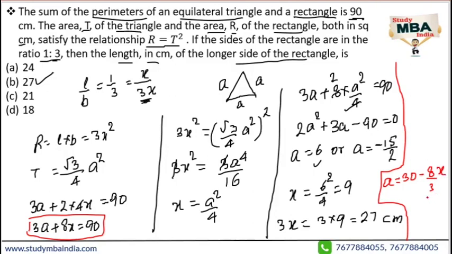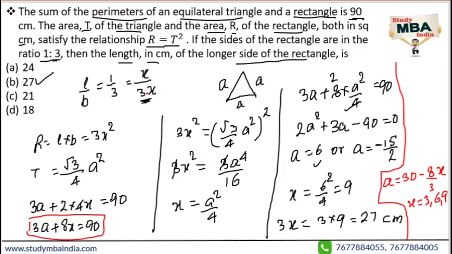From here we can say that if a is an integer, it is possible that x will be a multiple of 3. So if x is a multiple of 3, what can be the possible values of x? x can be 3, 6, or 9. x cannot be 12. Why? Because at x equal to 12 we will get 30 minus 32 and a will be negative, which is not possible. So x can be 3, 6 and 9.